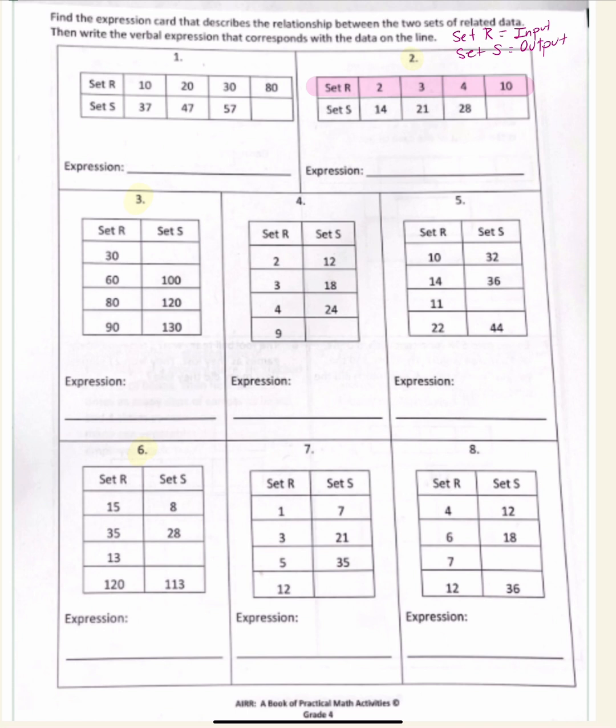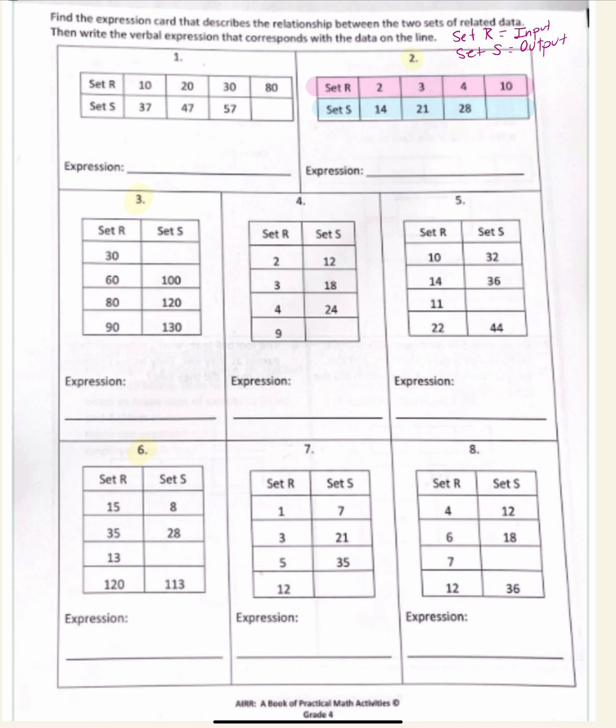And then a rule happens. Something happened to those set R's that led them to be that set S. So let's zoom in and think about that. Our very first one in set R is the number 2. And the rule did something to it to make it into 14. Well, let's think about our options. How can I get my 2 to a 14?